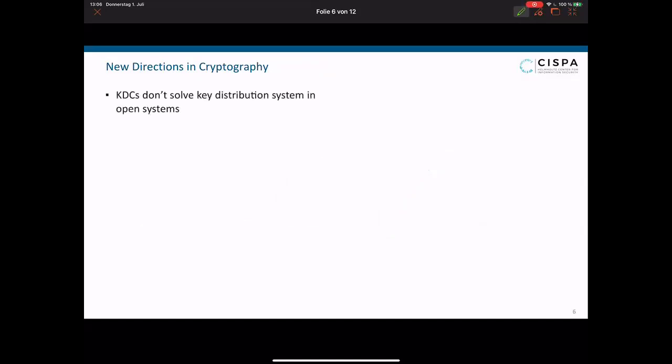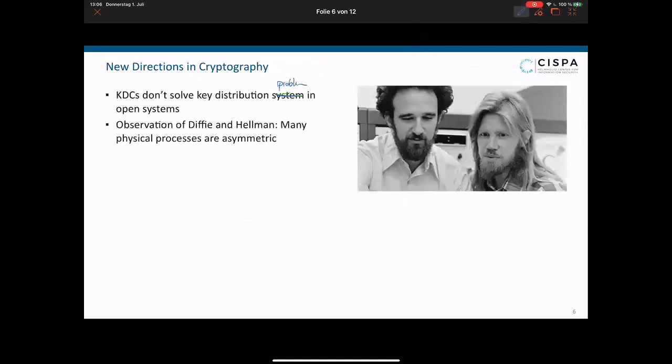So in particular, KDCs don't solve the key distribution problem in open systems, right? You first need to register yourself with the KDC.